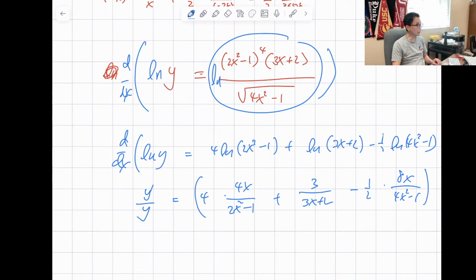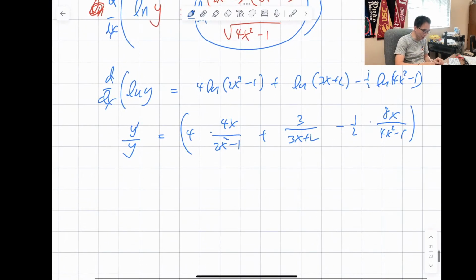Now, I'm going to be very picky this year. If you don't put that in parentheses, I'm going to mark it wrong. Why? Because that whole argument is multiplied by y, not only the last term. So then you move y to the other side. Y prime is dy dx, right? So what is y?